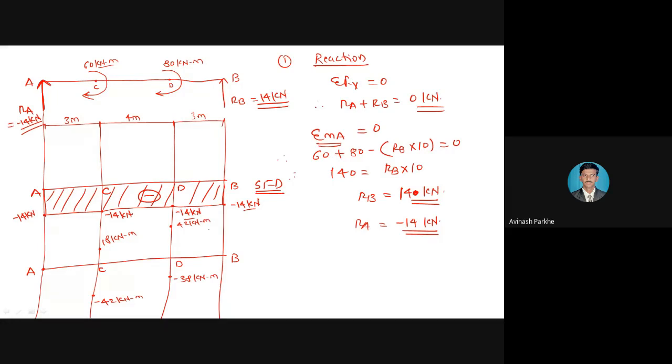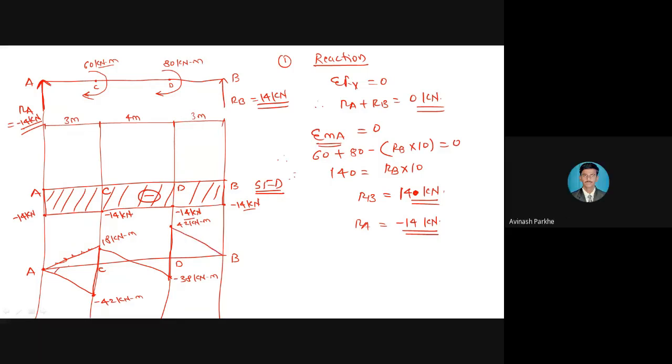The effect of couple will not be considered in the shear force, but if the effect of couple is considered in the bending moment diagram, all the points can be joined by the inclined line. First of all, this 42 point is there, then this vertical line is there, then from positive to negative, then vertical line is there, and then from negative to positive.